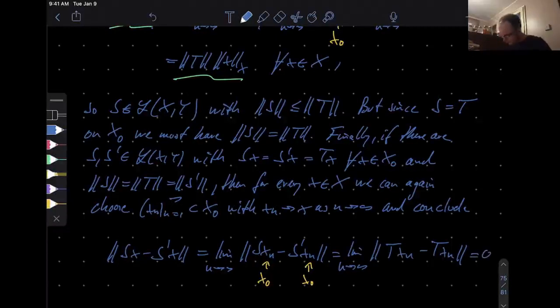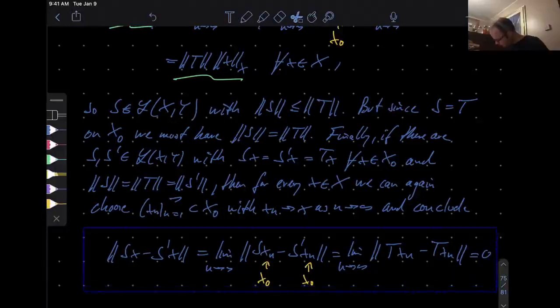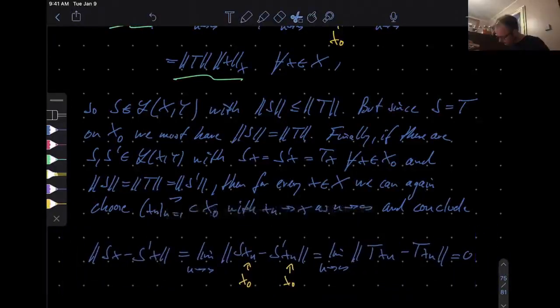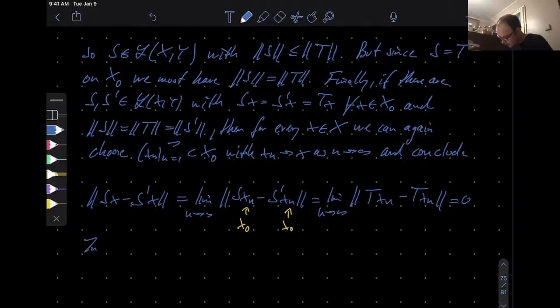But this is equal to 0 because you subtract the same thing from each other. Okay, so you have this, and this means that S of x minus S prime of x is equal to 0 in norm for any x in the space. That means the operator norm of the difference has to be equal to 0, and so these two operators have to be the same. Uniqueness is established.